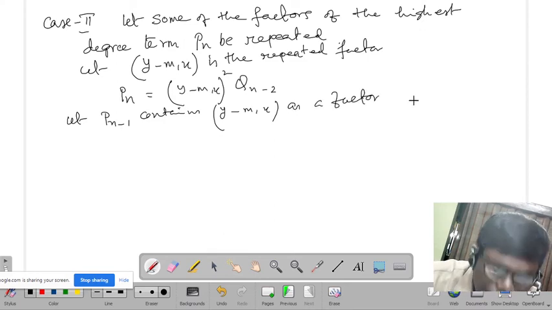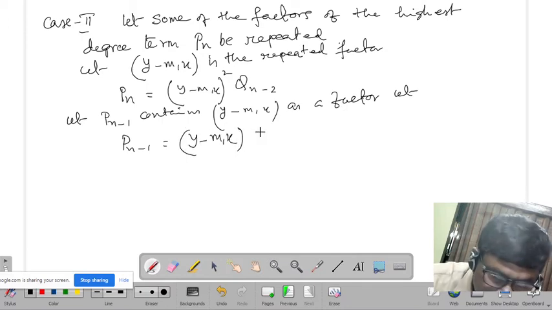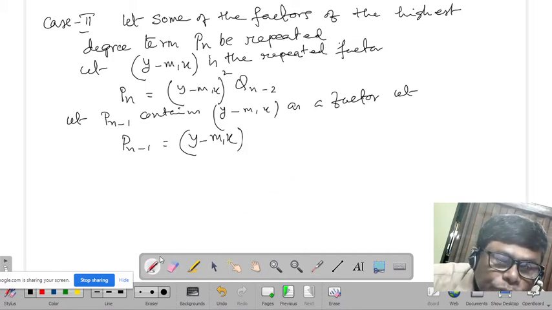Let Pn minus 1 be equal to y minus m1x into fn minus 2. Sorry, q, not f, q. Qn minus 2.